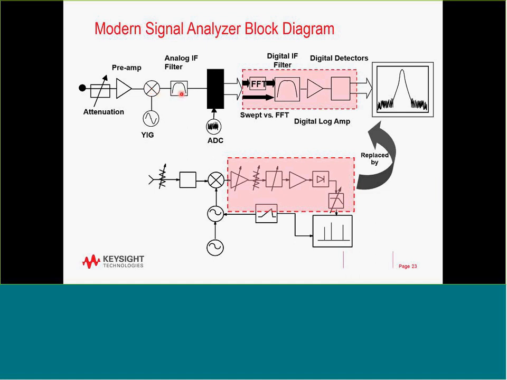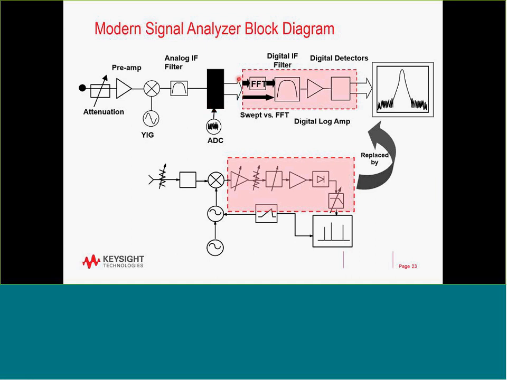After that, the only thing you need is a filter that will select the appropriate signal out of the mixer. In our case, it was the LO minus the signal coming in that gave the IF. After that, we just have a 16-bit digitizer, and it only digitizes.